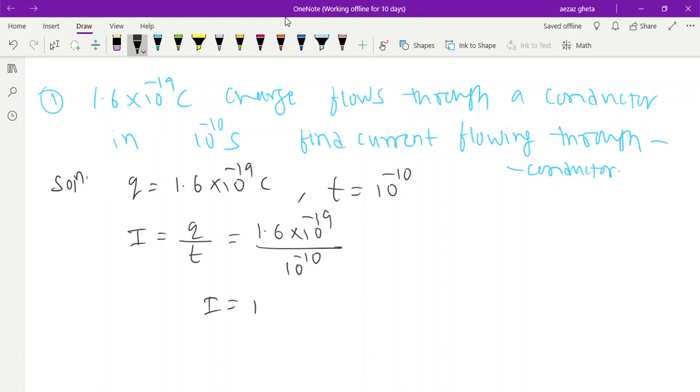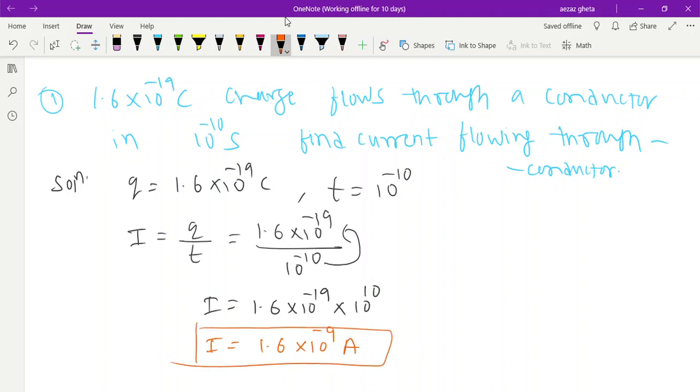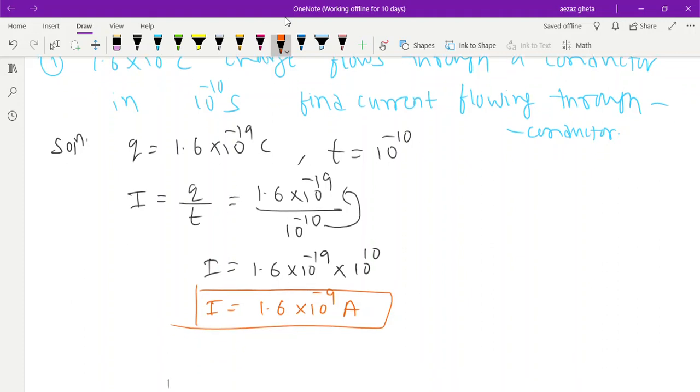If 10 to the minus 10 comes to the numerator, it becomes 10 power 10, positive. So you will get I is equal to 1.6 into 10 power minus 9 ampere. This much ampere of current is flowing through a conductor. Okay, understood?